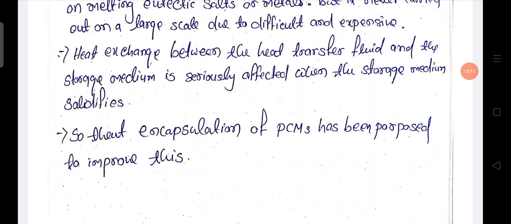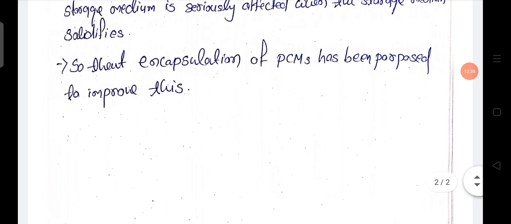That's why we maintain the melting state of that material, and that material does not solidify anymore. Okay, this is the proposed improvement for this phase changing material storage system. Okay, thank you.